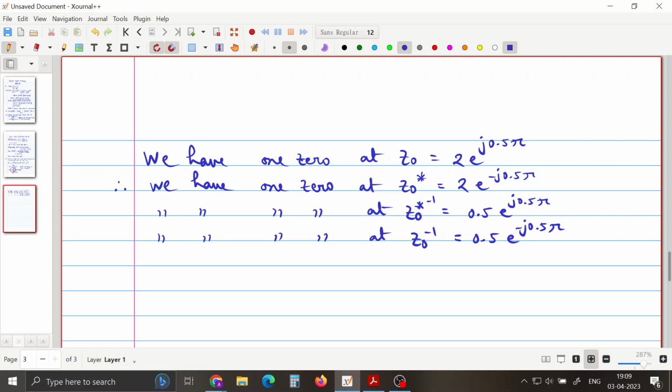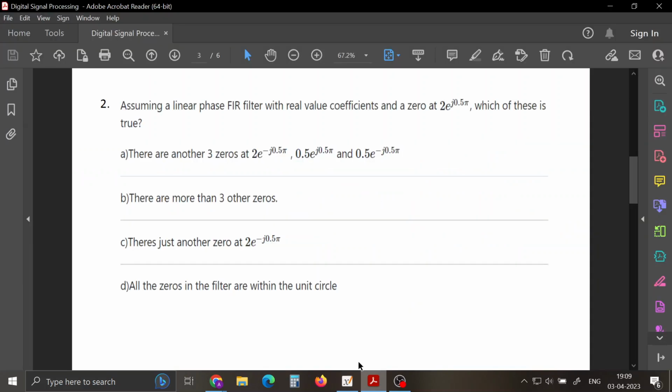The first zero, 2 e power j 0.5 pi, was already given in the question. So we have 3 other zeros other than the given one at these locations: z0 star, z0 star inverse, and z0 inverse. So this is clearly your option number A. Option number C is definitely not true, because it says that this is just another zero at this location, but we saw that actually there are 3 other zeros apart from the given one.